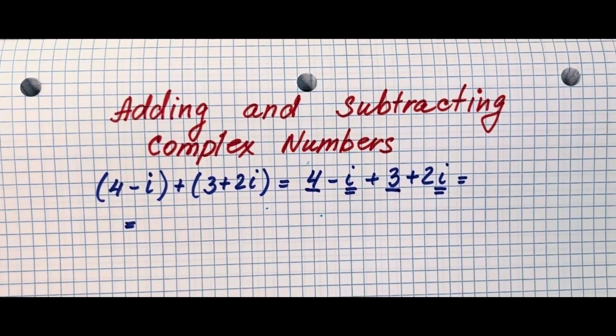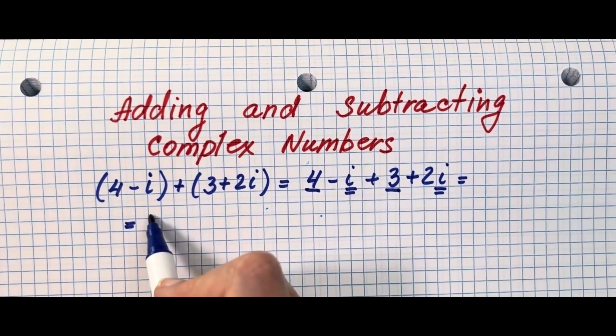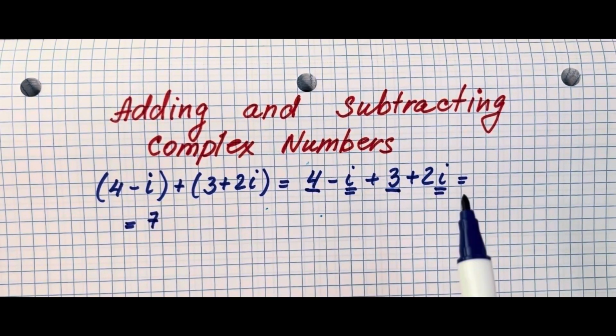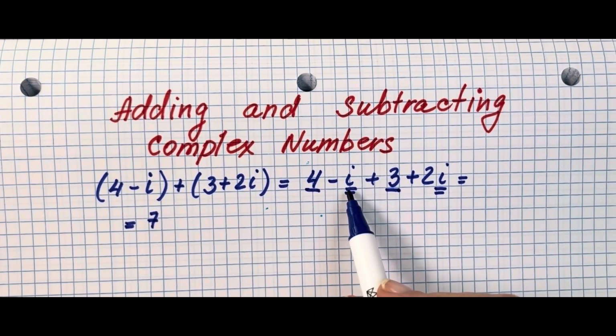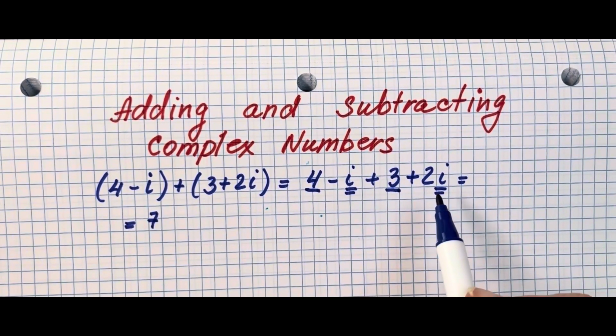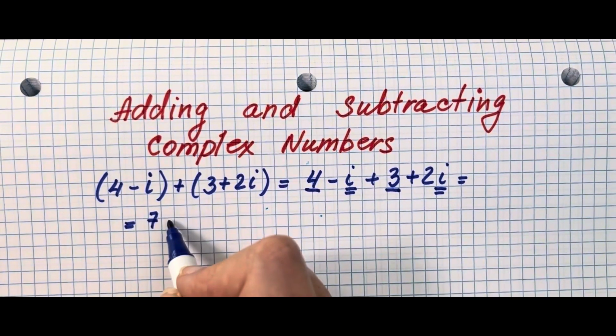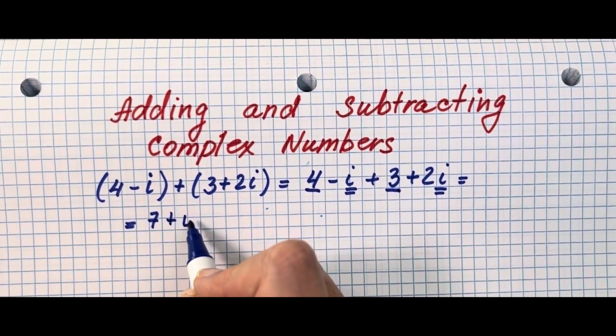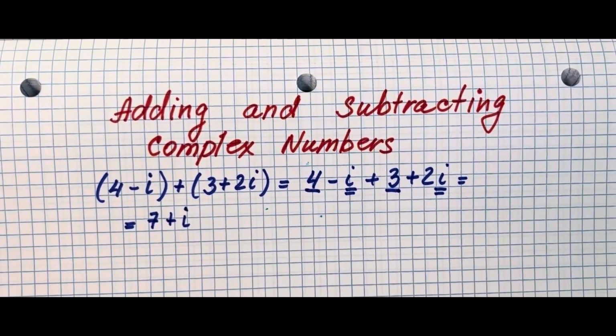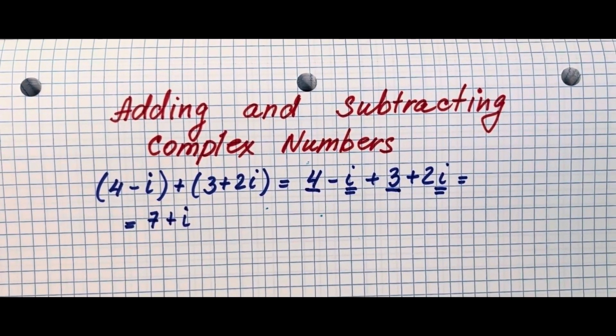The final answer will be 4 plus 3, 7. Negative i and plus 2i gives us i. So we're going to put plus i. And that would be our answer. It is in standard form, like a plus bi.